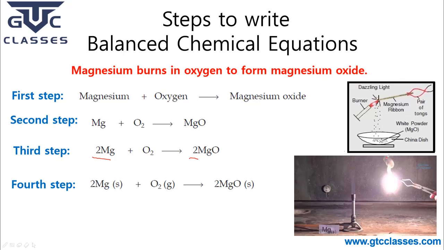dazzling light. Now the question comes why, okay, sometimes this question comes. A magnesium ribbon is nothing but a sort of a wire, okay, you will take something like this, a magnesium wire. Before burning it, we need to take a sandpaper or a scotch brite kind of thing, and we need to rub it, okay, before burning.